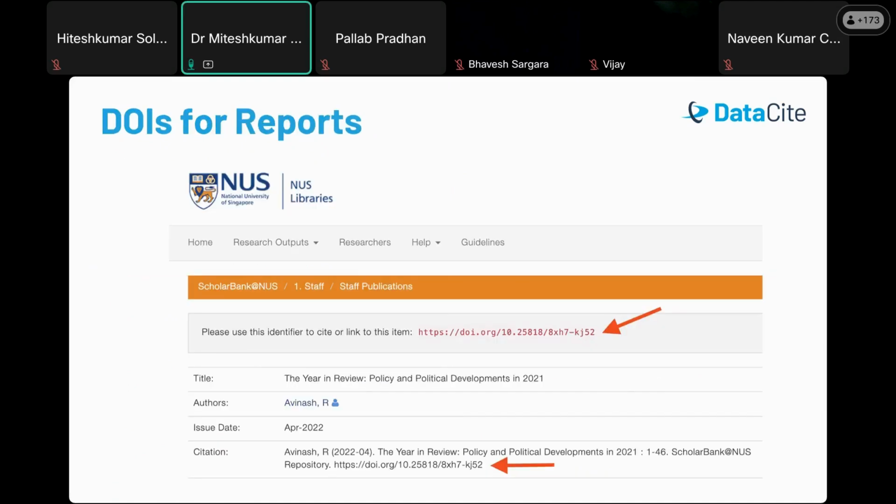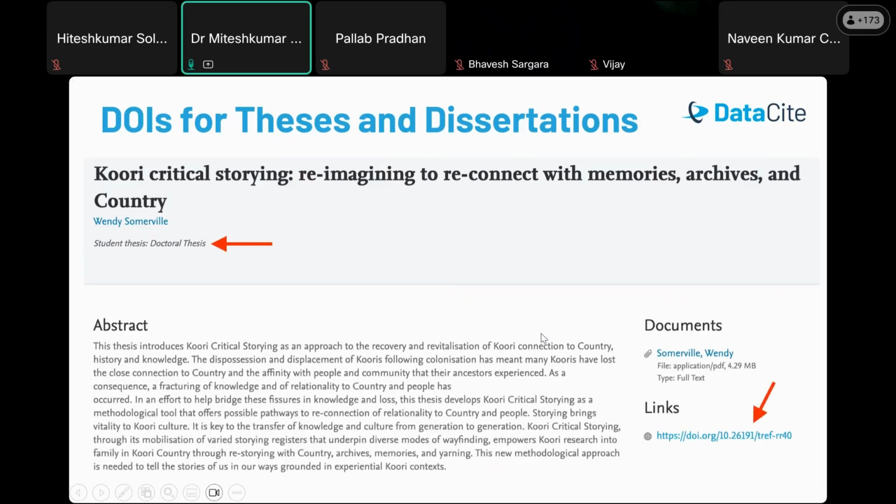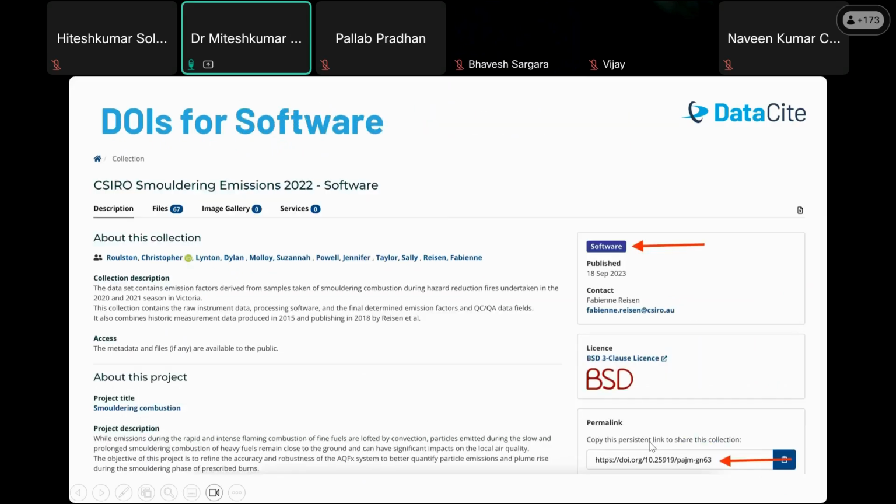If you look at reports, DOIs can be given there too. This is the institutional repository of NUS Libraries, National University of Singapore, and the identifier is given here. Then DOIs for theses and dissertations. This is a doctoral thesis, and the DOI link is generated through DataCite.